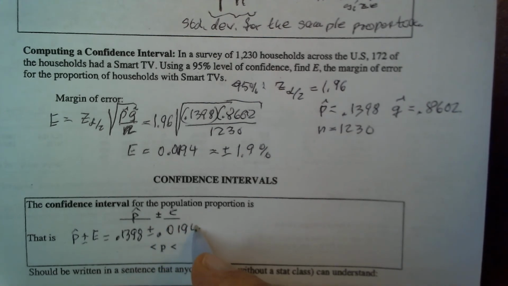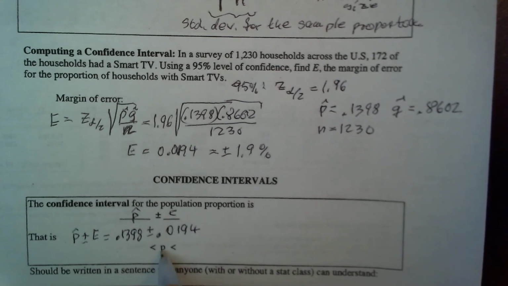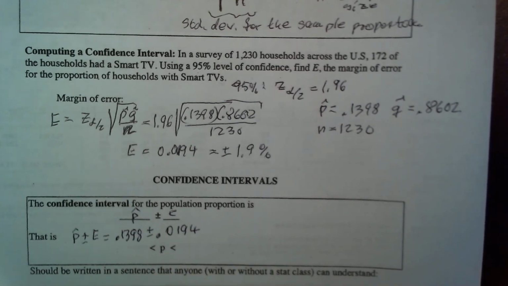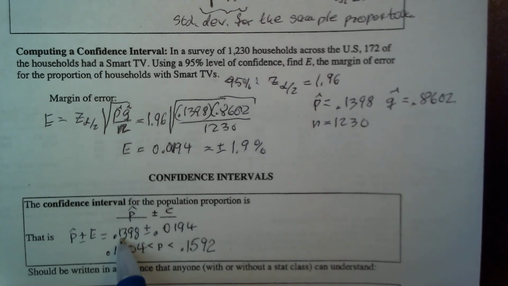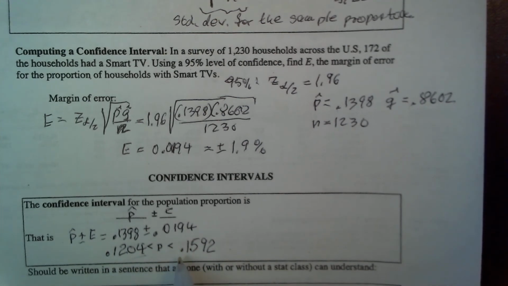So that means the true population parameter is between the following values. In other words, 0.1398 minus 0.0194 is 0.1204, and the right boundary for the population parameter would be 0.1592, which is 0.1398 plus 0.0194.